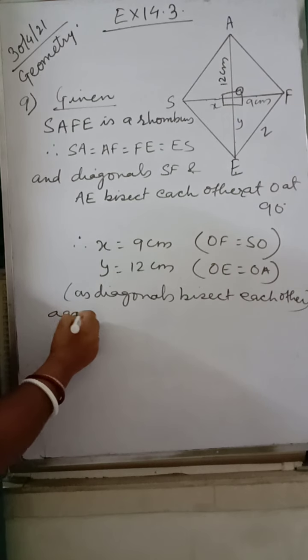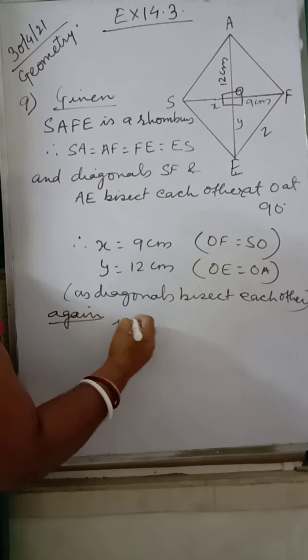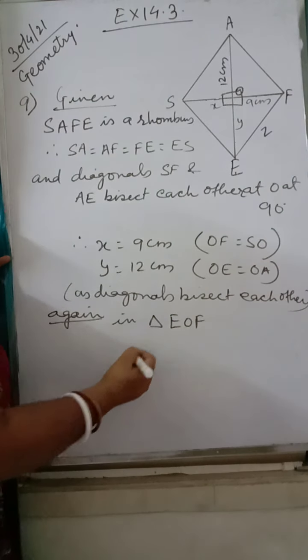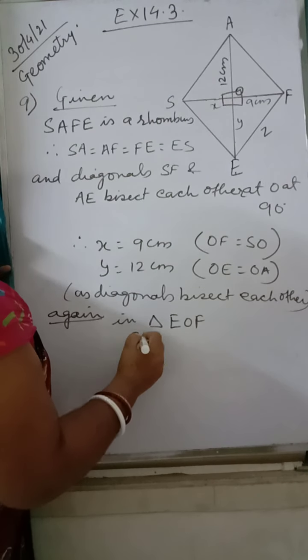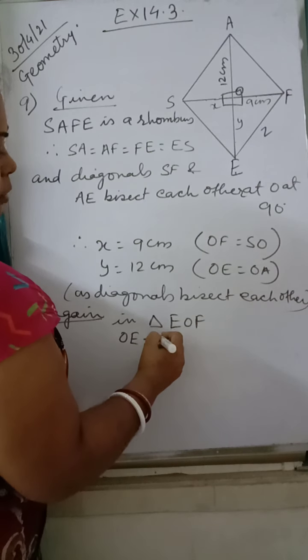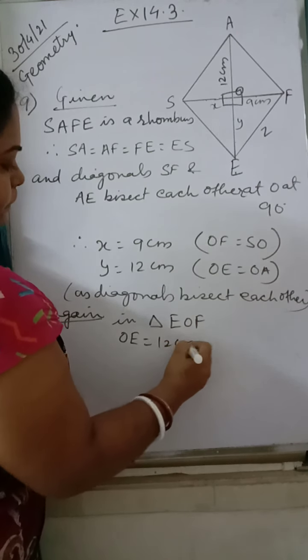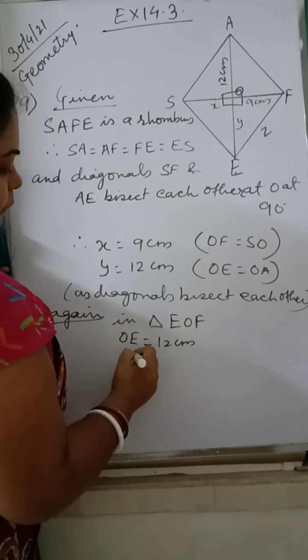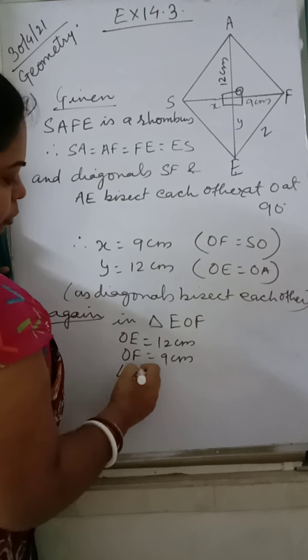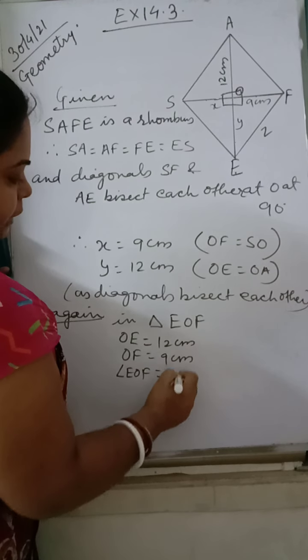Again, in triangle EOF, OE is equal to 12 centimeter, OF is equal to 9 centimeter, angle EOF is equal to 90 degree.